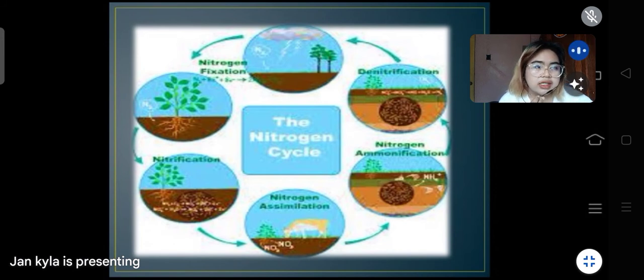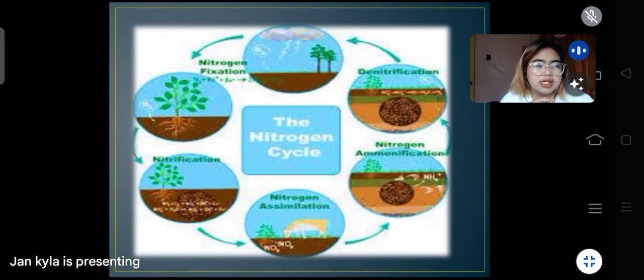The next in the cycle is assimilation, or the absorption of nitrogen from the soil into the body of the plants. They absorb those nitrates from the soil into the roots. After that, the nitrogen gets used in amino acids, nucleic acids, and chlorophyll.